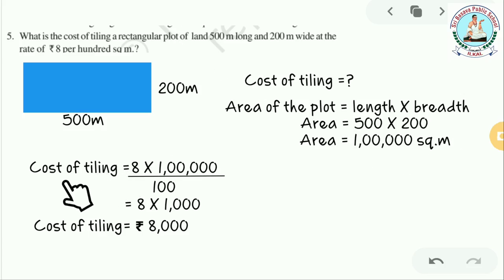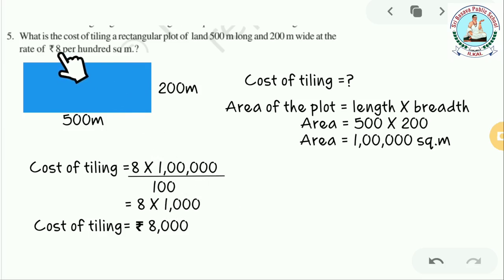Now we are going to find out the cost of tiling this rectangular plot at the rate of 8 rupees per 100 square meter. So this is the rate and this is the area of the plot. See here, because of this word, if the question was only 8 rupees per square meter, then we wouldn't have divided this product by 100.